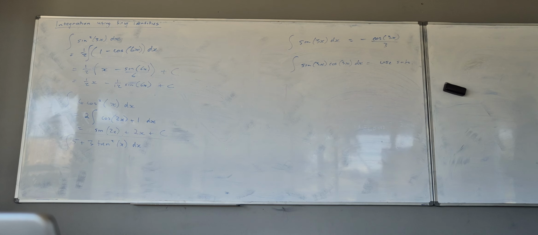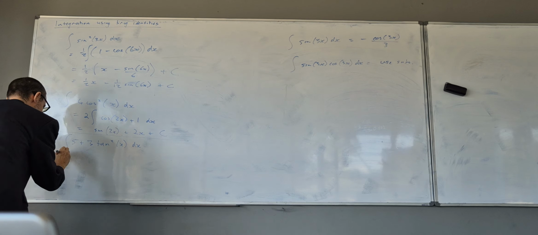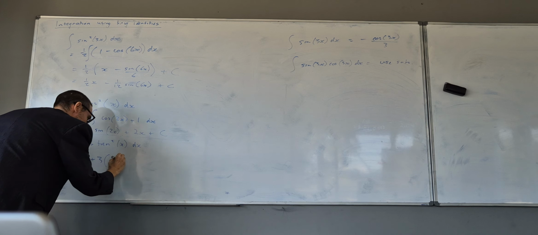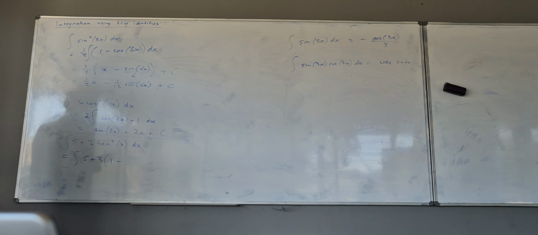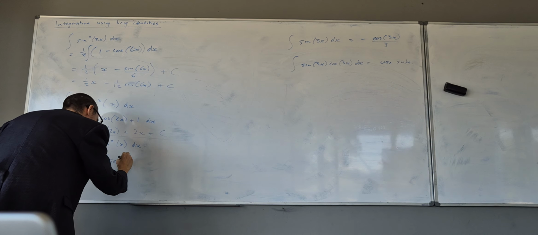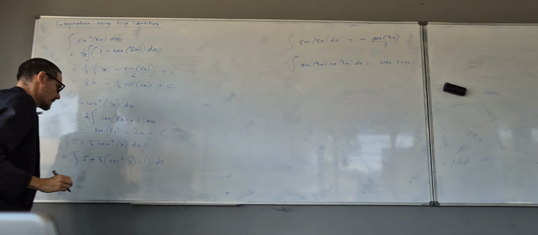Tan squared plus 1 is sec squared. Correct, and is there an integral for sec squared? Yeah. Okay. So this is 5 plus 3, 1 plus tan squared is sec squared, which means tan squared is sec squared minus 1. Sec squared x minus 1 dx.